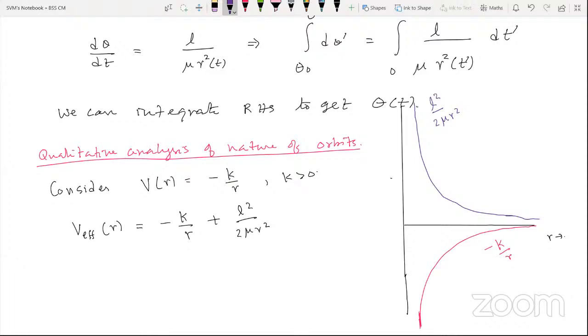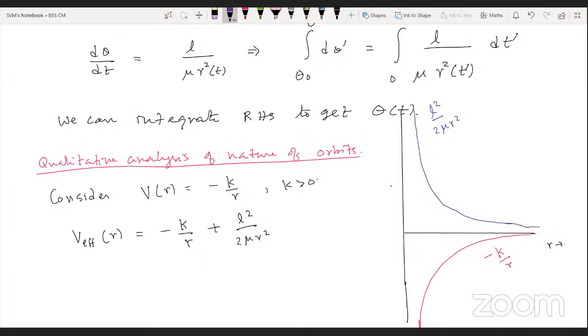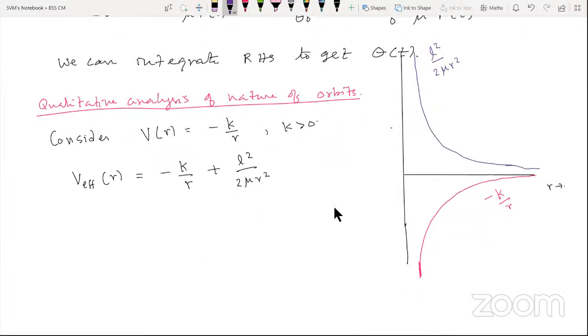So notice that as r goes to 0, L square by twice mu r square goes to plus infinity, faster than minus k by r going to minus infinity.